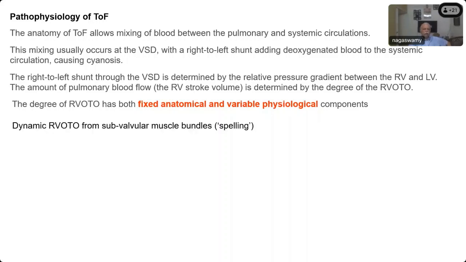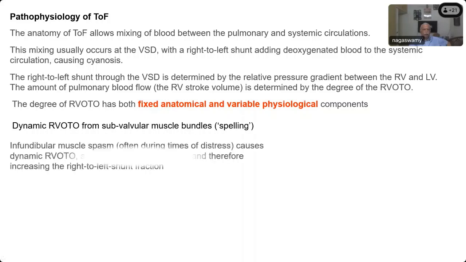The right ventricular outflow tract obstruction is divided into fixed anatomical and variable. The variable one usually happens because of infundibular spasm. Otherwise, pulmonary atresia or pulmonary stenosis is a fixed one that will not change over a period, whereas the variable one causes the hypercyanotic spells.